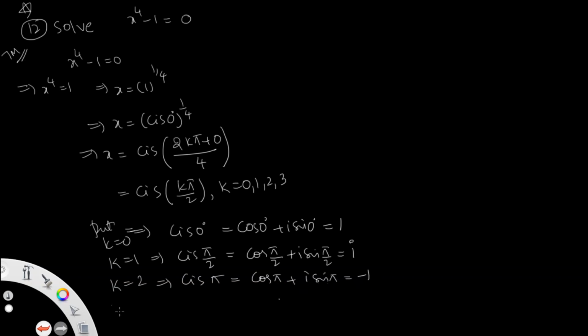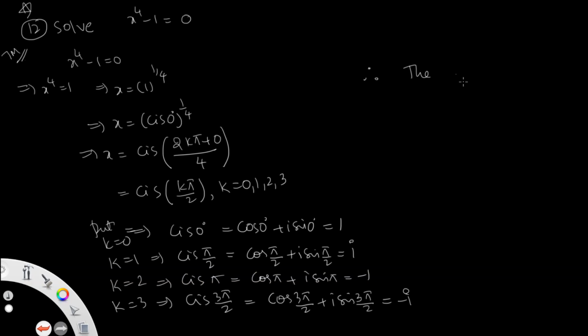K equal to 3 is cis of 3 pi by 2, nothing but cos 3 pi by 2 plus i sin 3 pi by 2. Cos of odd multiples of 90 is 0, and sin of 3 pi by 2 is minus 1, that is minus i. Therefore, these are all the values of x here.